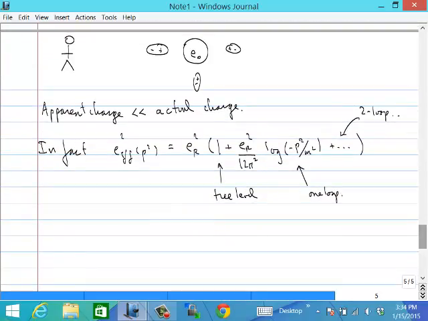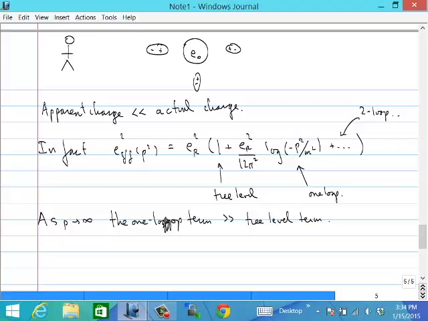But if you stare at this formula, what you see is that as p goes to infinity, the one loop term will eventually become larger than the tree level term. That means that your perturbation series is breaking down.